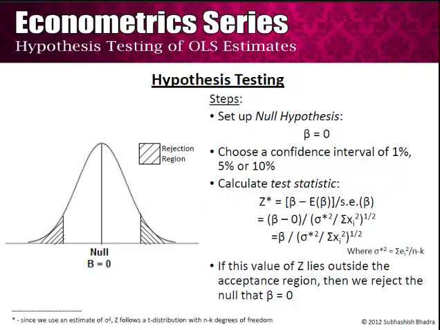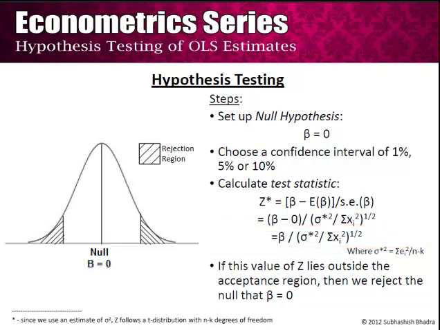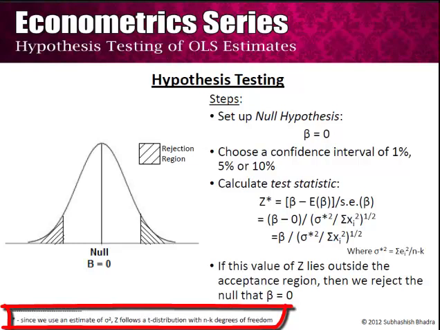Hence the test statistic becomes beta divided by the square root of sigma star square divided by summation xi square. However, since the denominator here, which is the standard error of beta, is also an estimate and not a population function, since we are using an estimate of sigma square, the z, that is the test statistic in this case, follows a t distribution and not a normal distribution.